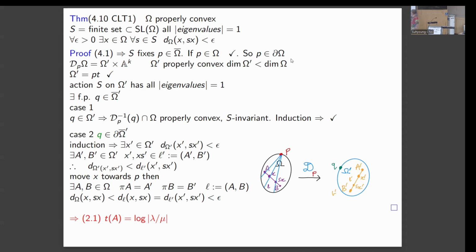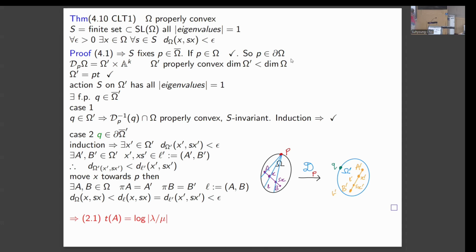By induction on dimension, there's a point X prime in this domain omega prime that's moved a small distance by each one of these group elements. I'd like to deduce from that that if I take two points that map to this pair of points, they are moved a small distance in this domain. So I take a segment in this domain with endpoints A prime and B prime.